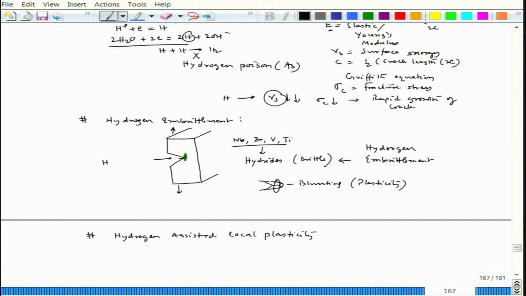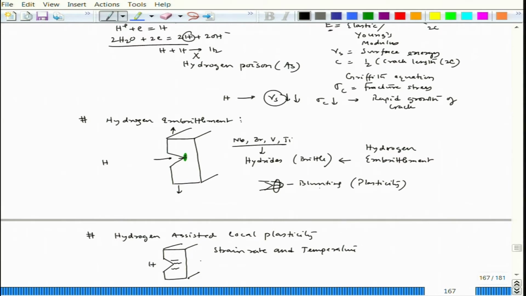Now, this is a crack tip again. Here, at some level of strain, strain rate and temperature, hydrogen goes into the material and diffuses into the material.